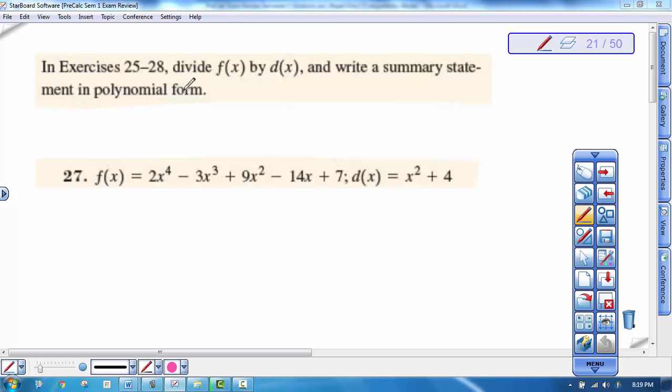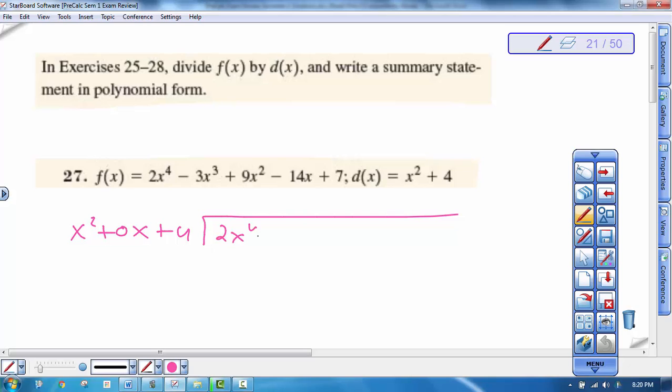Okay, this just wants us to do the division here and write the summary statement. So we have x squared plus 0x plus 4, and we're going to divide that into this big polynomial, 2x to the 4th minus 3x cubed plus 9x squared minus 14x plus 7. Okay, so the first thing is what do we multiply x squared by to get 2x to the 4th?